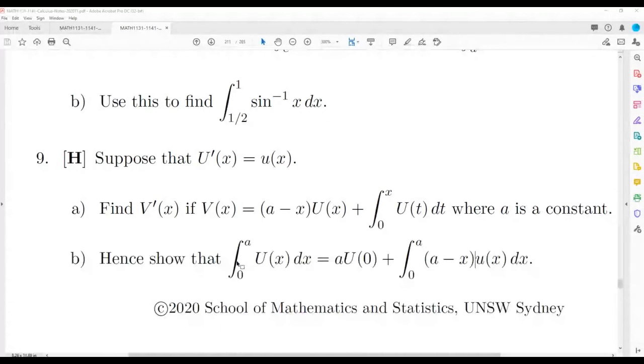Now we wanted to show that this equals that. Now we've got t's instead of x's there. It does not matter. Why? Because x is the dummy variable here. Let me go back to the document camera.